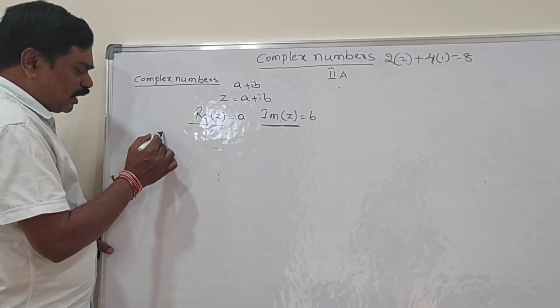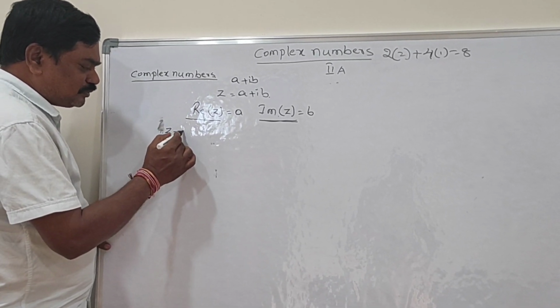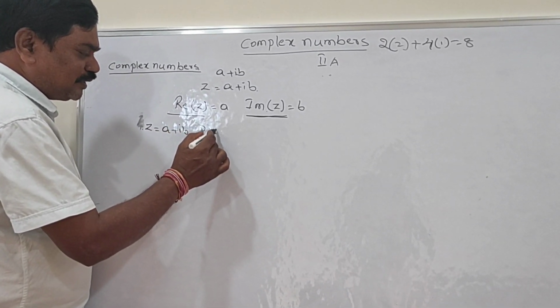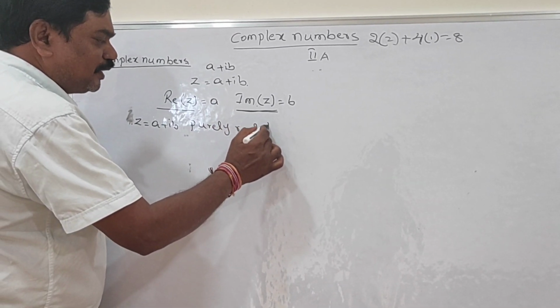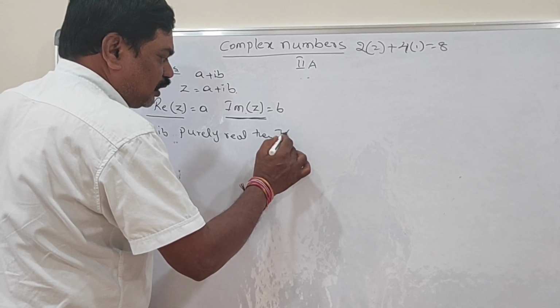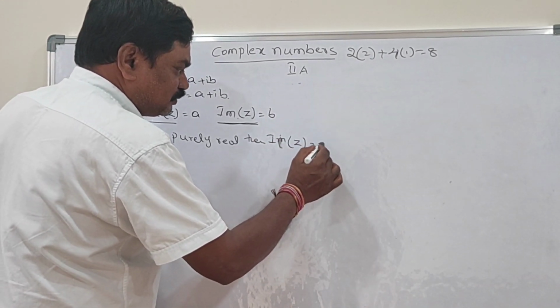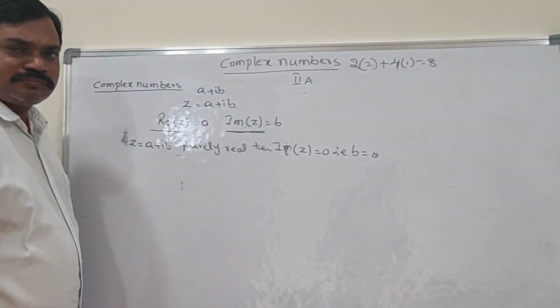Suppose z is equal to a plus ib is purely real, then the imaginary part of z is equal to 0, that is b is equal to 0.